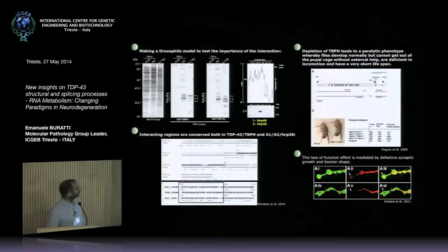The same is also true for the Drosophila protein. The Drosophila protein can bind all human hnRNPs and its own hnRNPs, and the human protein can do exactly the same.